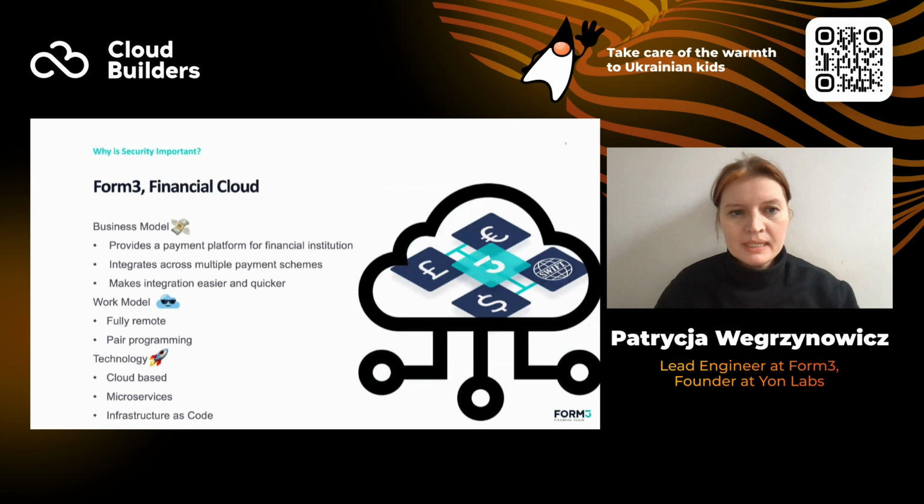So basically at Form3, we provide a payment as a platform model for financial institutions to make integration across multiple payment schemes easier and faster. We are a very technology-oriented company, cloud-based.